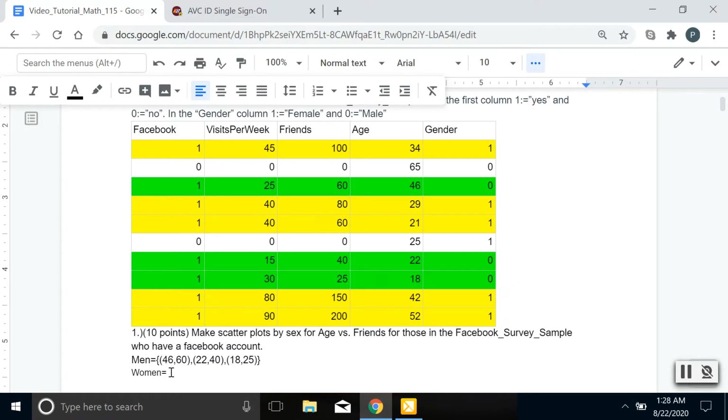Let's do the women's ordered pairs next, the points. The first point would be (34, 100). Then we'll have (29, 80). Then we'll have (21, 60).